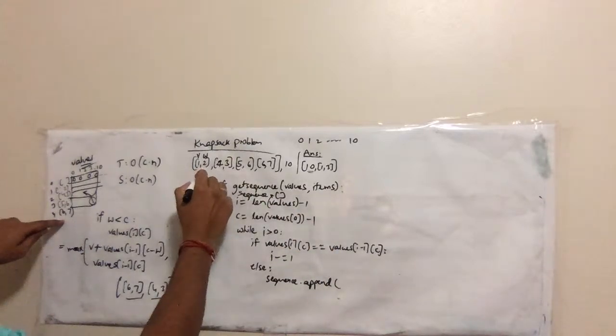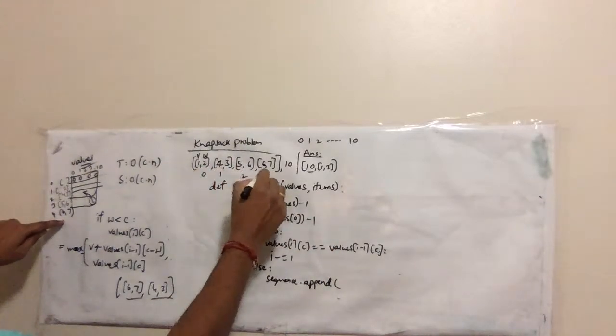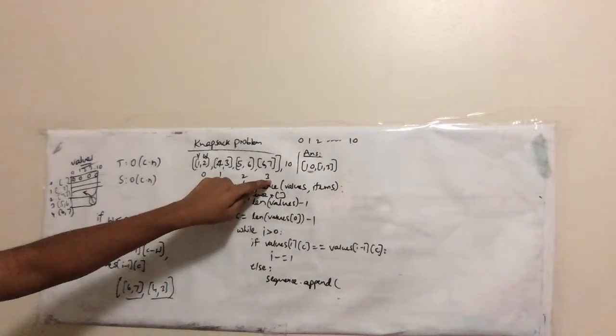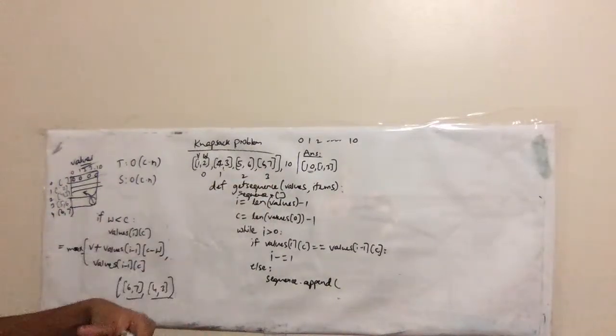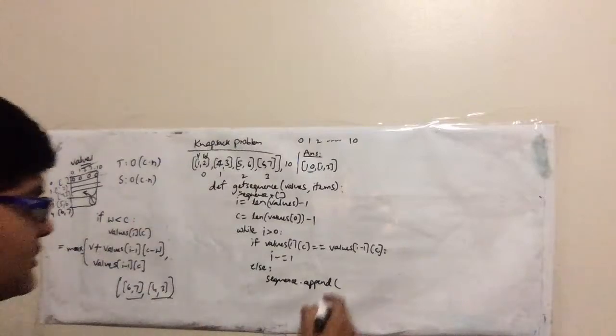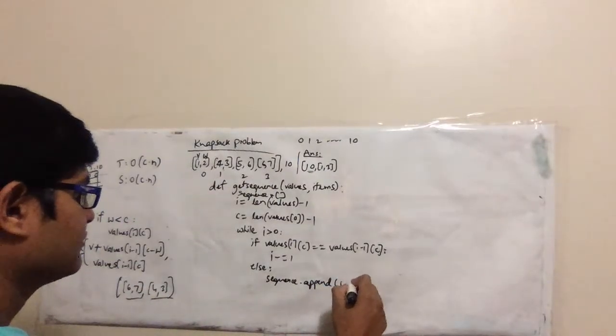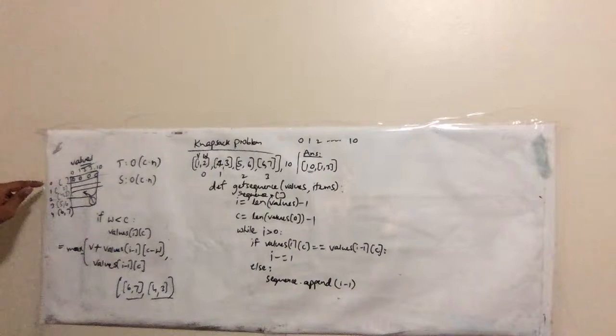But here if you see 0 1 2 3, it is not 4, it is 3. So you need to reduce minus 1 here, because we have added 0 extra here, so we need to reduce that, I minus 1.